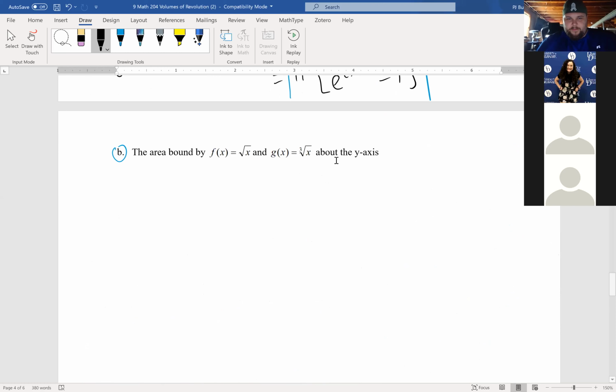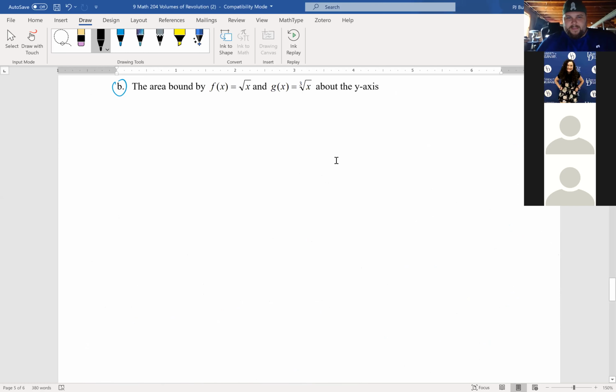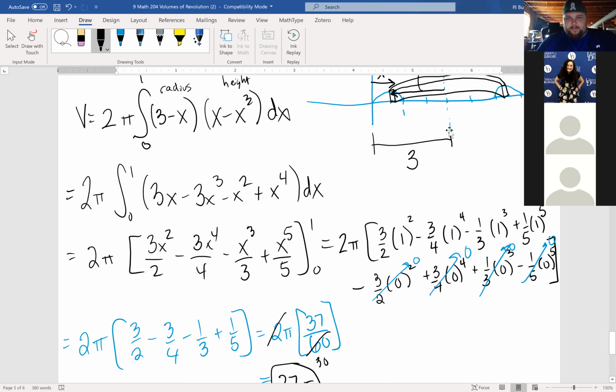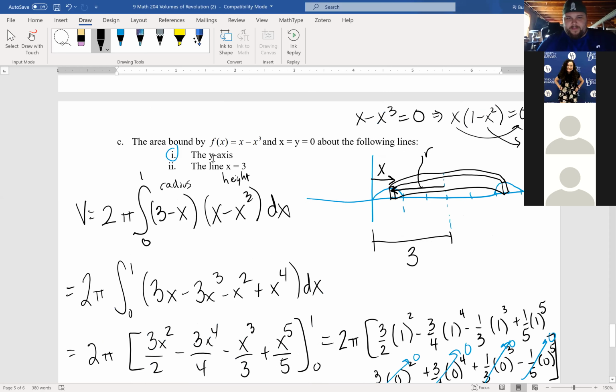And then I would also like you to do the same problem we just did, but instead of about the line x equal 3, just do it about the y-axis. So you might want to start with that one. I think that'd probably be the simpler of the two.